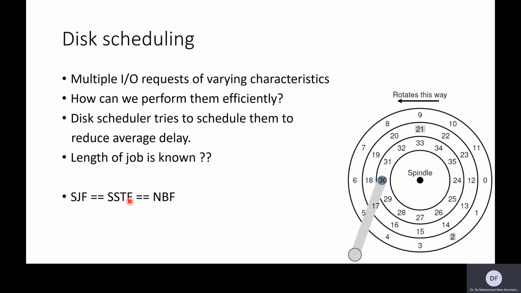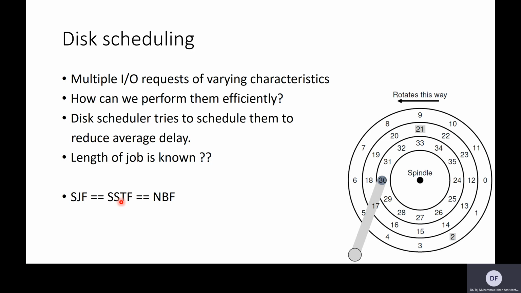Seek time is one of the major delays in the hard disk. So whichever job will have the shortest seek time, we can say roughly that that job will be the shortest job to do.